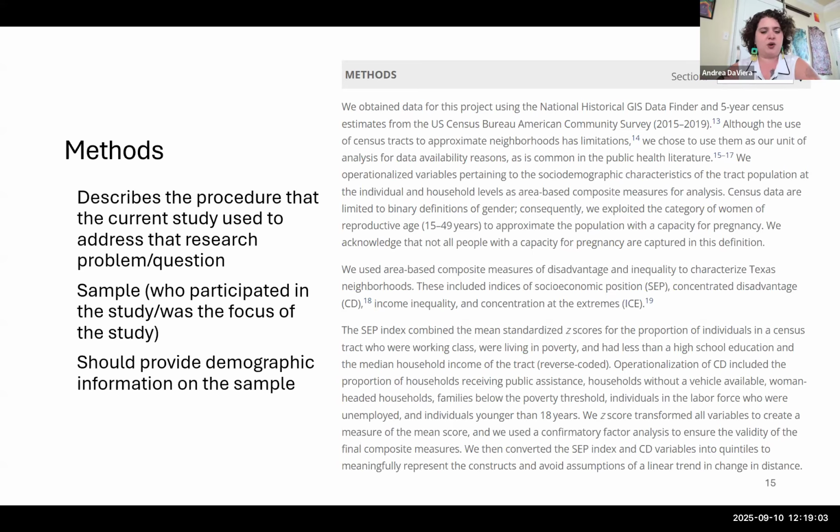You should also have some important demographic information on that sample. So, for example, in this method section, they're talking about using the category of women of reproductive age. So it says 15 to 49 years. They also have some information about how they're looking at different social and demographic factors, such as standardizing neighborhoods by socioeconomic position, concentrated disadvantage, income inequality.